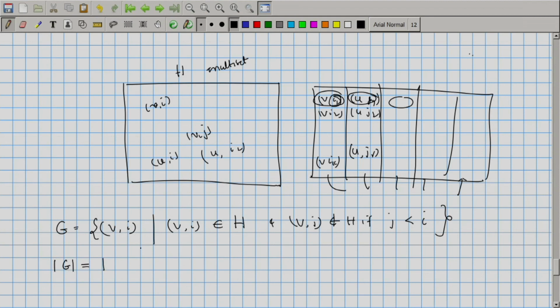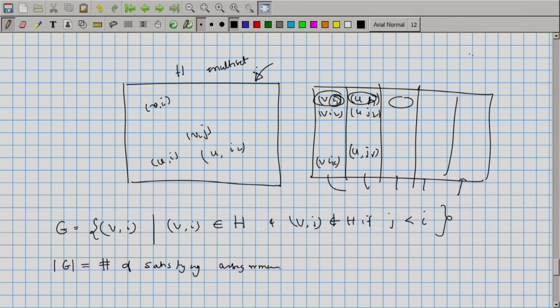G is equal to the number of satisfying assignments. Okay, now let us sample one of the elements. Can we sample uniformly from H? A moment of thought would tell you that from this multiset, sampling is not a difficult thing, because you can first choose a particular clause uniformly at random.